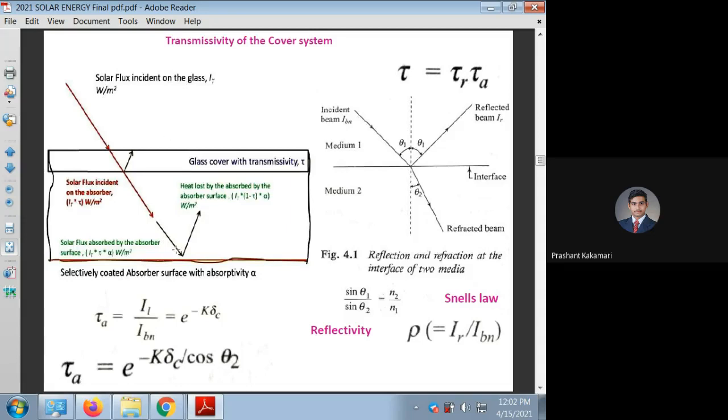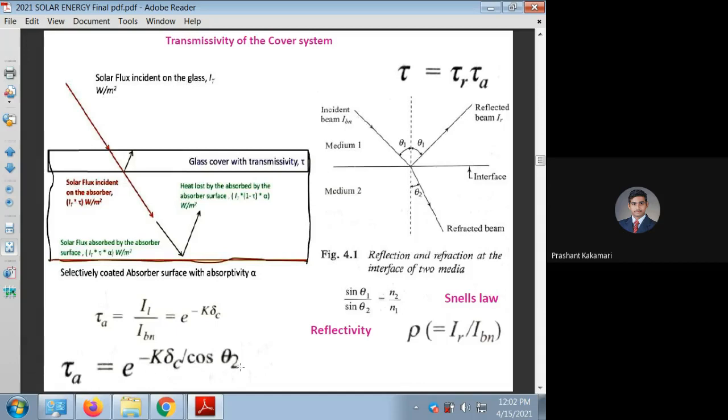If the sun is giving the radiation at certain inclinations, then I can write this equation: tau alpha equal to e raised to minus n K delta C divided by cos theta 2. N is the number of glass covers. Here only one is taken, that's why they have not denoted any number; it is like 1 because of the one glass cover.